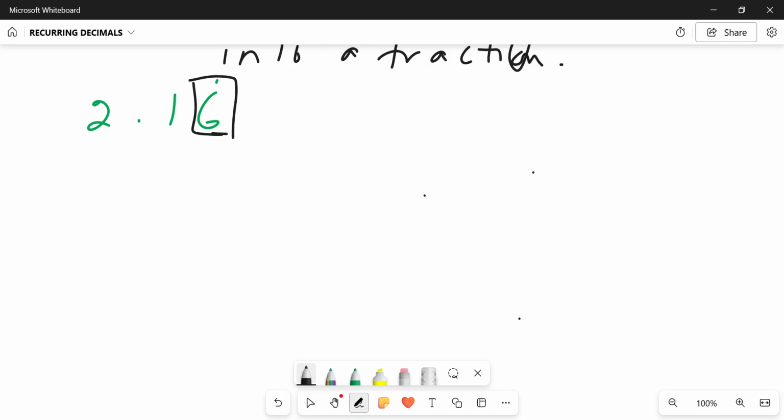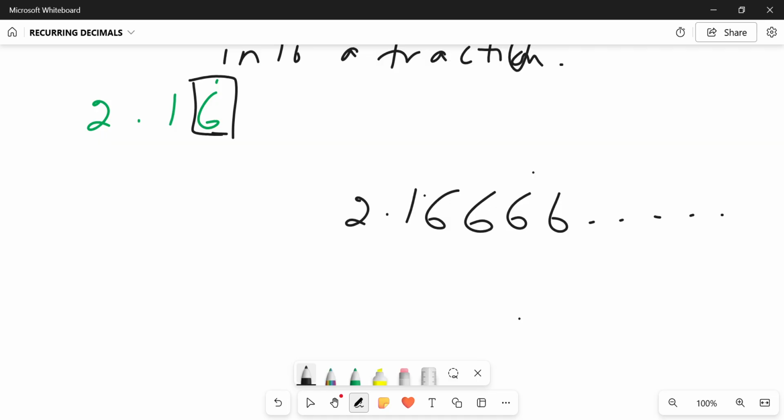This 6 is my recurring number. It means this number is going to be written as 2.1666 and so on, right? This is how you write it in the recurring form. So 6 is the recurring.